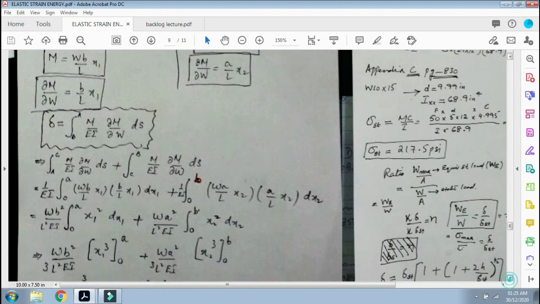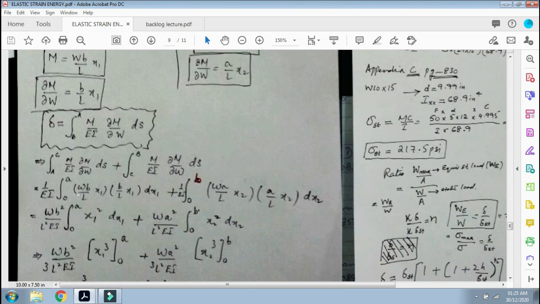When you apply it, you will get 1 upon EI integral 0 to a of Wb/L x1 times b/L x1 dx1, plus 1 upon EI integral 0 to b of Wa/L x2 times a/L x2 dx2.